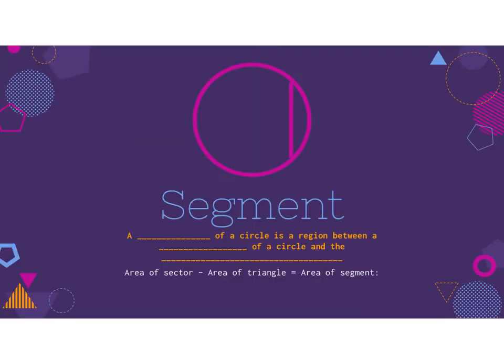Now let's look at a segment. A segment of a circle is a region between a chord of a circle and the inscribed arc. So if we look at our picture, this part here is the segment, and you could think of it as, let's say we have our pizza slice, and this would just be like the crust of our pizza.